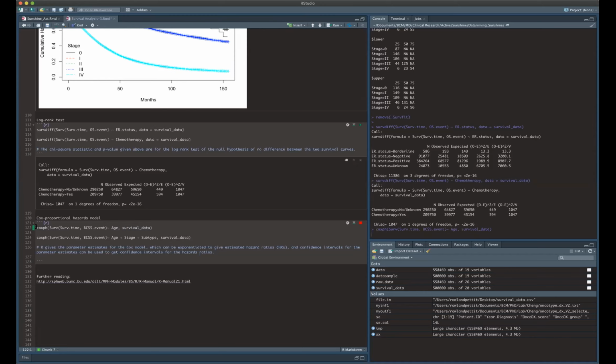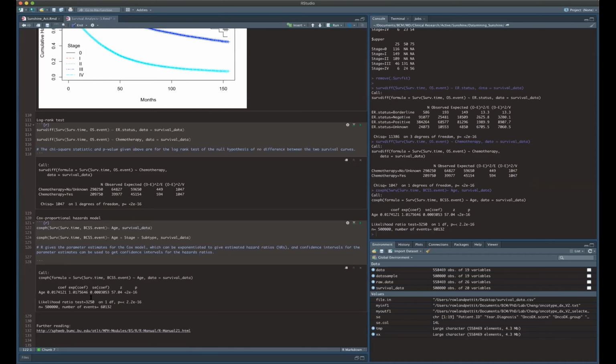So if we run that, what we get is the coefficient. And this is saying that for age, the model was significant, so age was a significant covariate in the model. You get the coefficient, and then the exponent of the coefficient, if you can imagine going back into that model that Corey introduced you to.